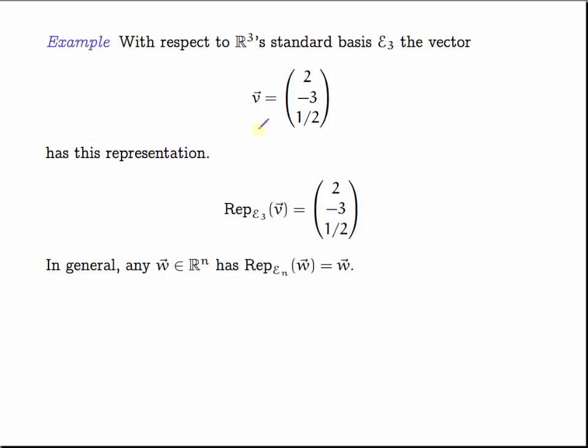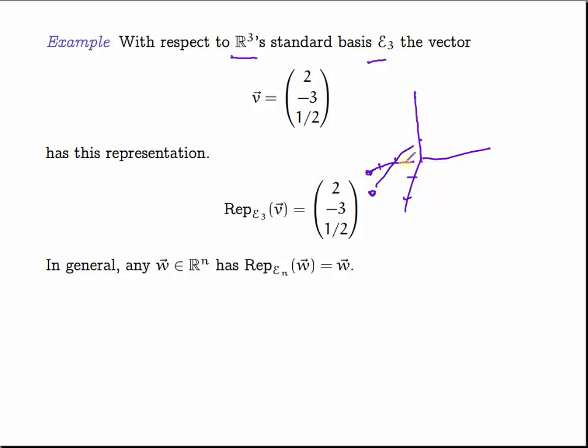With respect to R3's standard basis, E3, the vector v = (2, -3, 1/2) has this representation, (2, -3, 1/2). So this is like the example that I just showed. Here we have i, j, k. The x coordinate is 2, the y coordinate is minus 3, and the z coordinate is 1/2, so it'd be somewhere out here.